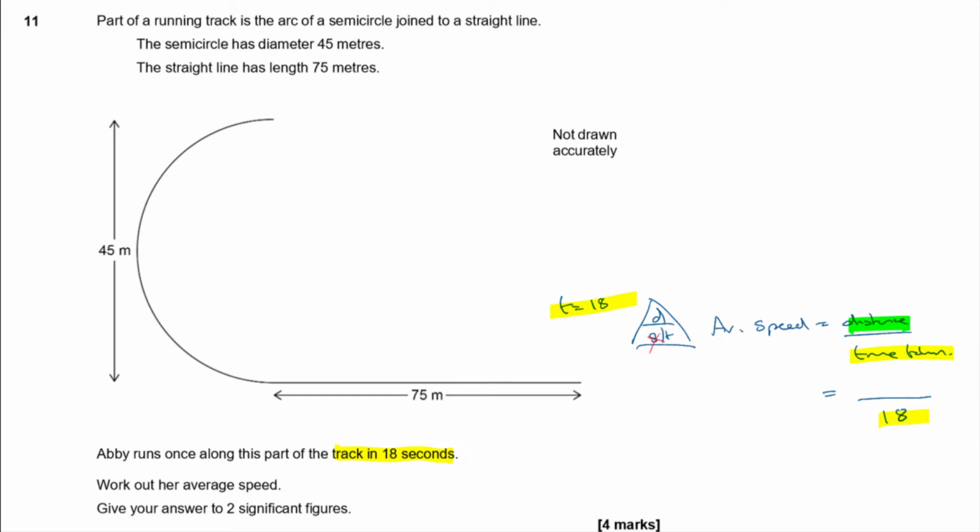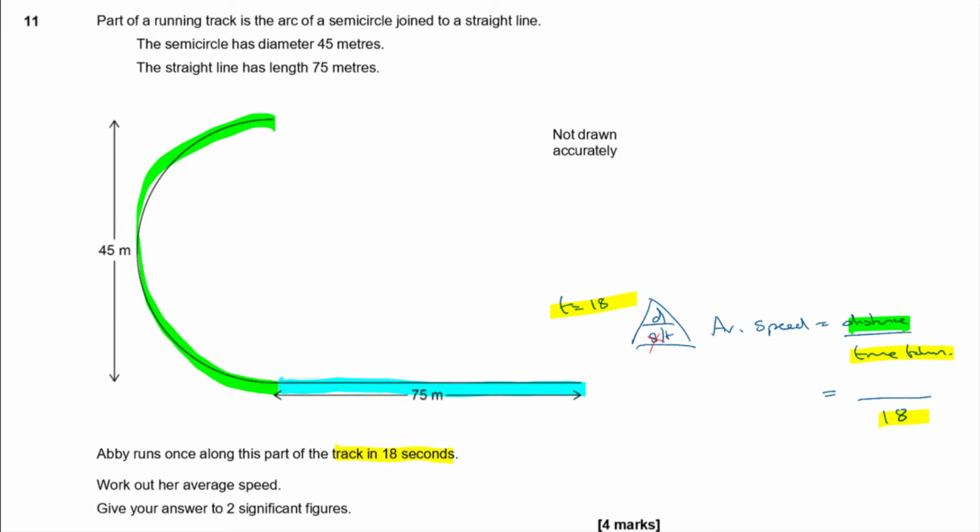Now, the distance traveled is going to be a combination of this part of the track, which is an arc, plus this part of the track, which is a straight line. Well, the straight line is easy, it's 75. What is the curved part going to be? Well, it's half of the circumference of that circle.